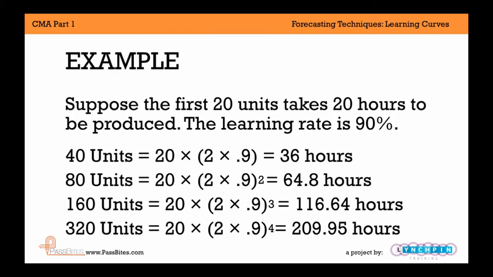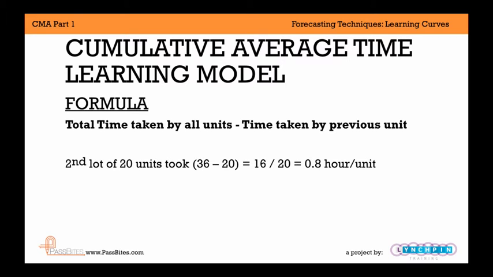The average time of the first 20 units is 20 divided by 20, which is 1 hour per unit. The next 20 units are taking an average time of 0.8 hours, which is 16 divided by 20. So it is explained this way: the total time taken by all the units minus the time taken by the previous units, which means the second lot of 20 units took 16 hours and the average time is 0.8 hours per unit.